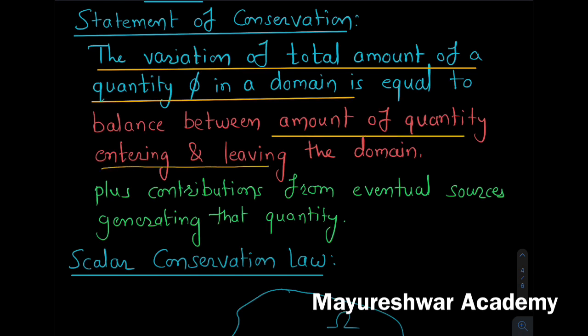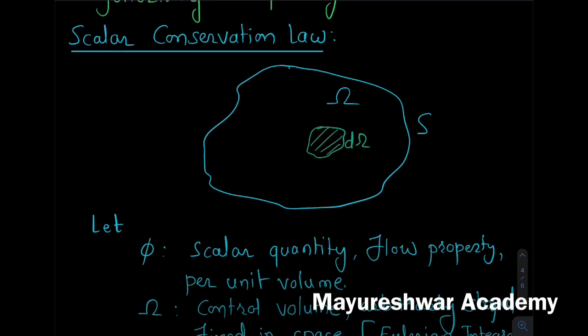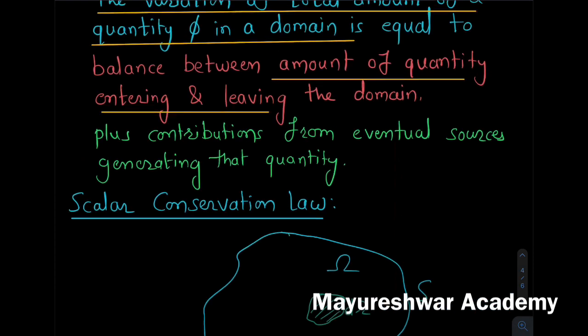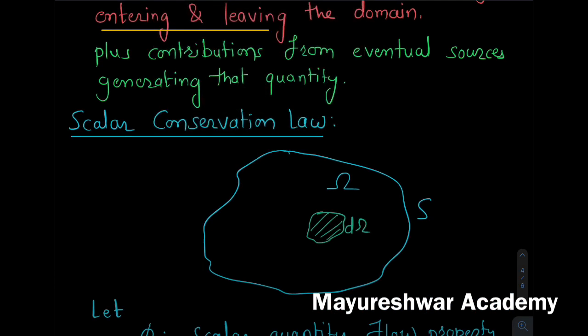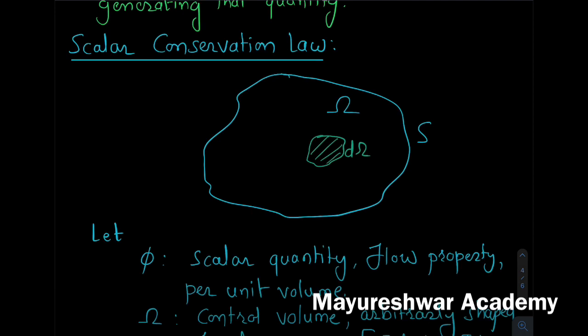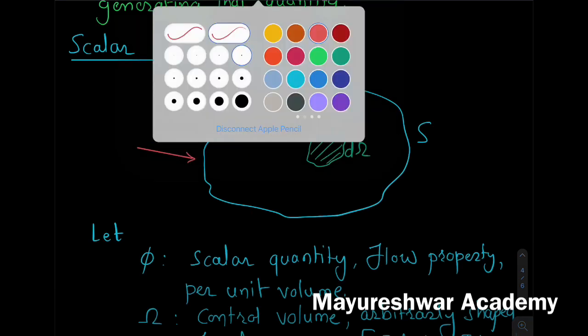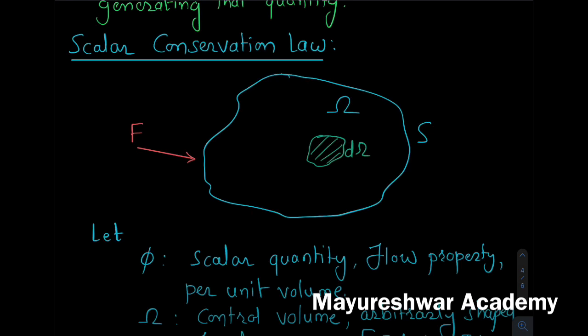That completes the formulation of the first part of the conservation statement, the variation of total amount of quantity phi in a domain. Now the next term is the amount of quantity entering and leaving. For this, let us consider some quantity which is coming into a control volume. Let us call this by letter f bar.